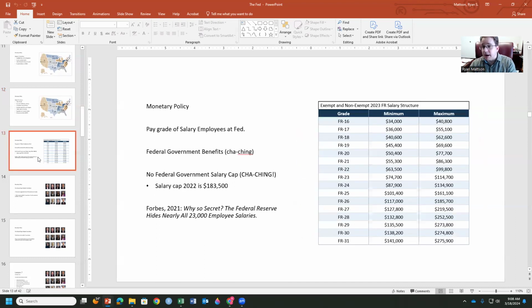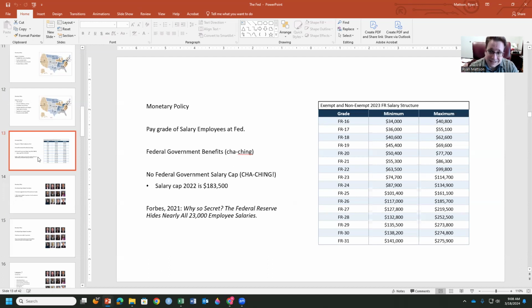So there's my bias, but let me go ahead and put this up, guys, because if you're looking for a good job, Fed is a pretty good job. One, because you get those government health benefits. It's a quasi-public institution, but you don't get the government salary cap. Remember, as a federal worker, they have a salary cap that's generally changed year to year, but 183,000 was the salary cap in 2022, right?